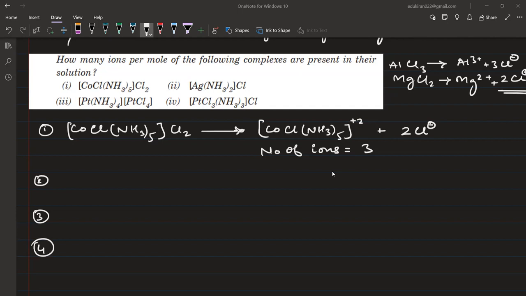Try to think in that way. Yes, Rehan, correct. Yes, Astha, correct. No, Meenakshi, not that. Look at the second one.